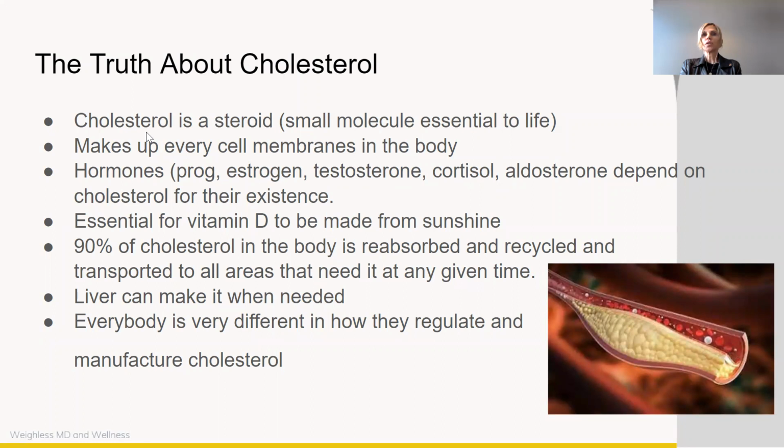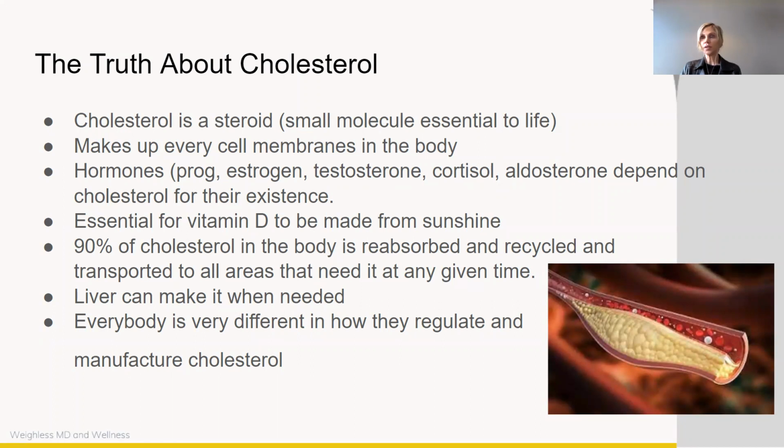So in basic terms, cholesterol is a steroid. It's a small waxy molecule that is essential to life. It makes up every cell membrane in the human body. So we need it. Hormones, progesterone, estrogen, testosterone, cortisol, aldosterone, all of our hormones depend on cholesterol for their existence.